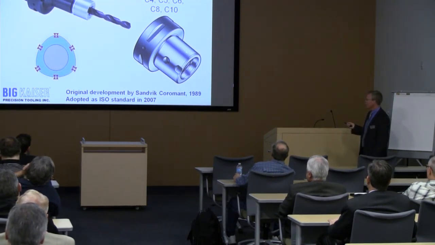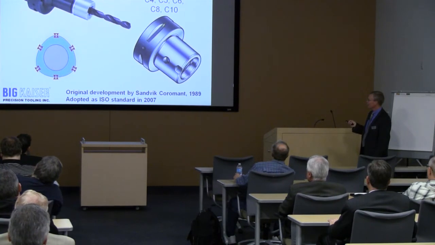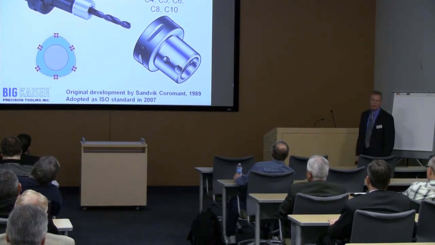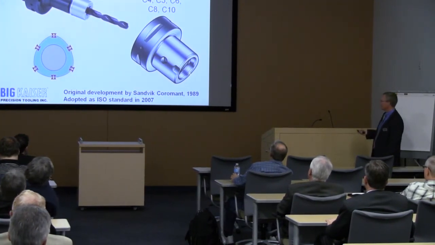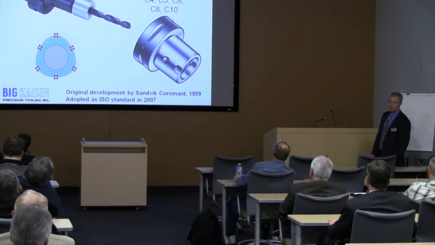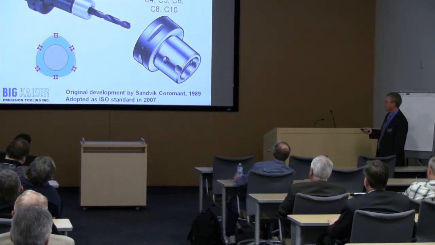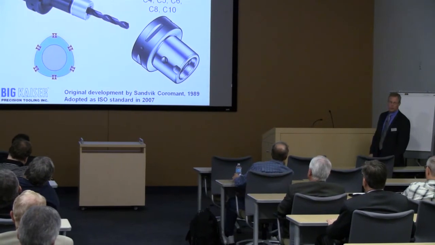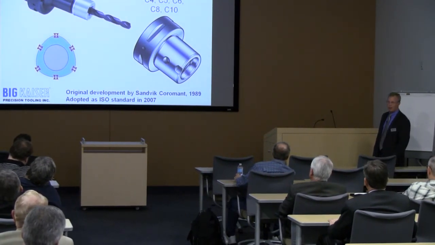The taper itself is a 1 in 20, and it's got the face contact. The size, C5, C6, C8, is all relative again to the flange diameter. It is also clamped with an internal clamping mechanism, just like HSK, but the wall section of the CAPCO is much stiffer. So it does have a higher bending strength than, say, HSK.